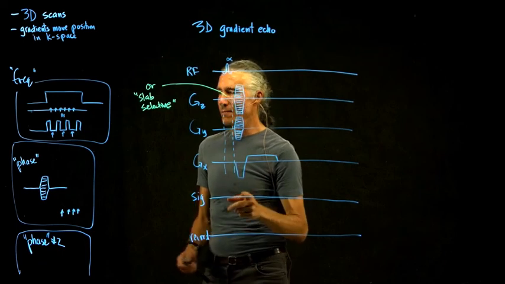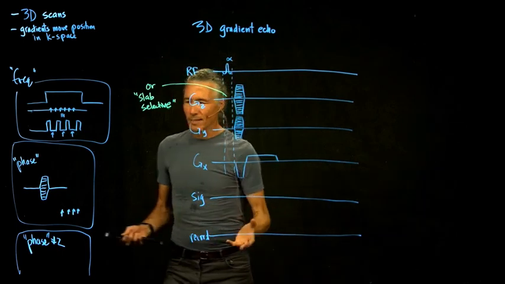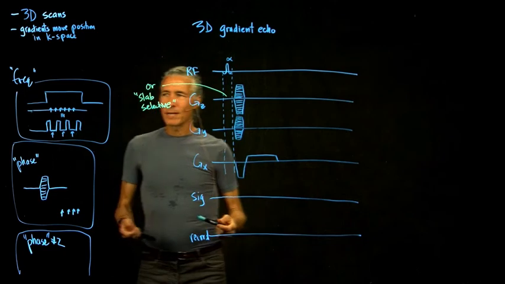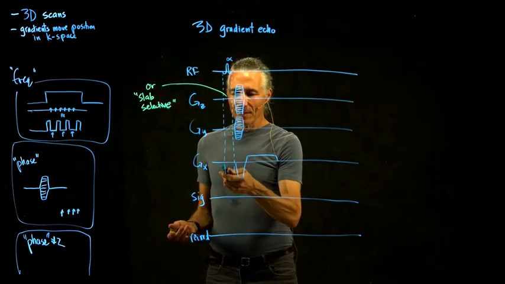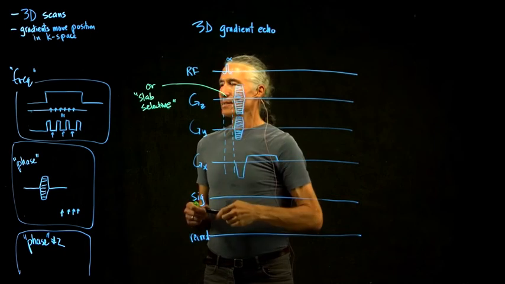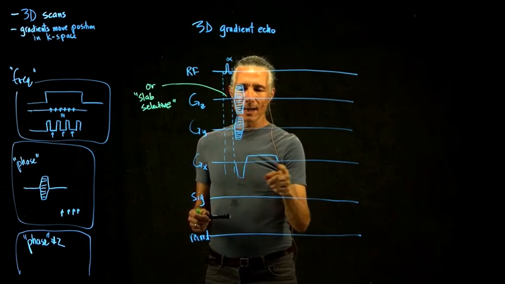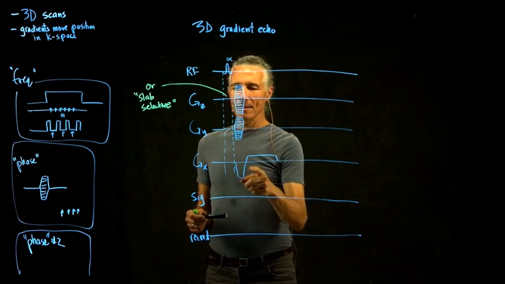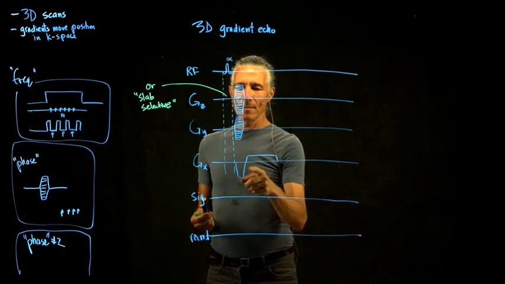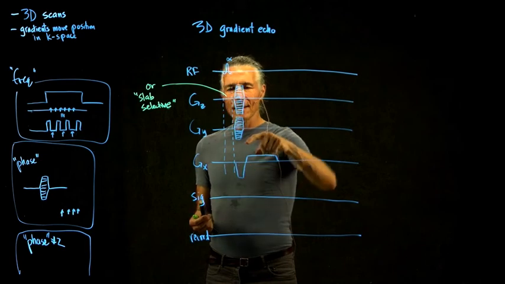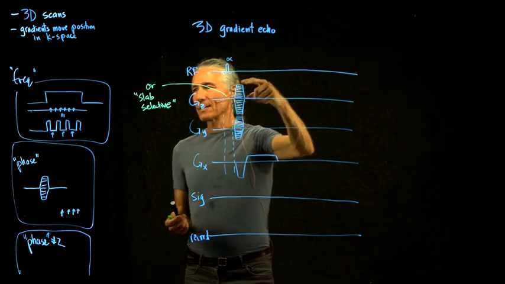So we need 65,000 readouts, and that's what happens in a 3D scan. You'll have 50,000 RF pulses, and you'll collect one line of data, say that might be 256 long. So you'll end up with 256 times 256 times 256 data points.